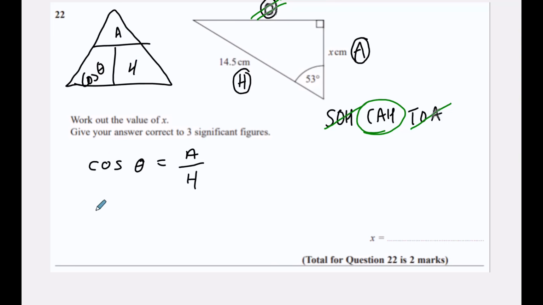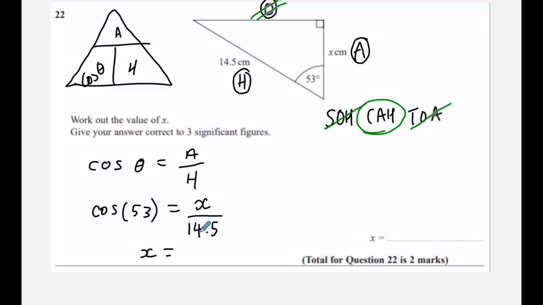So cos with the angle, that means cos 53 is equal to the adjacent, which is x, over the hypotenuse, which is 14.5. I want to get x by itself. At the moment, it's divided by 14.5. So I get it by itself by timesing by 14.5.